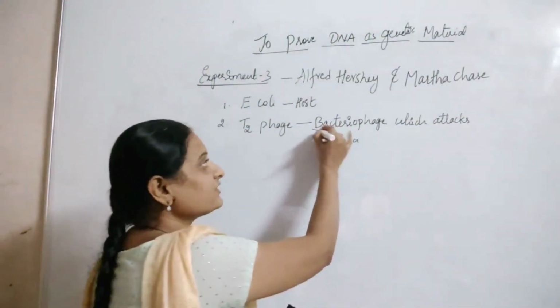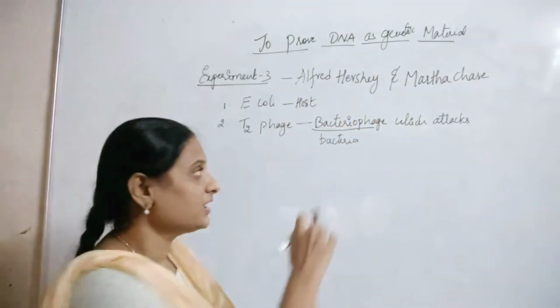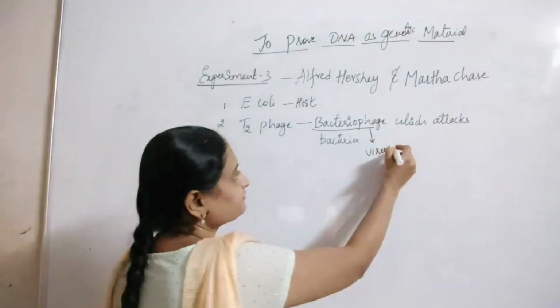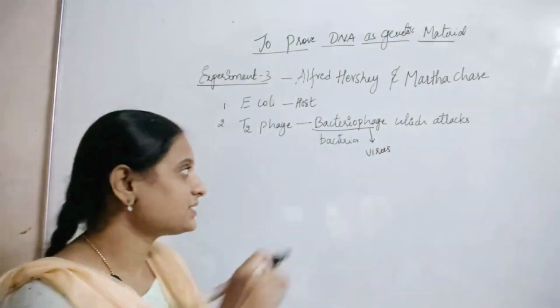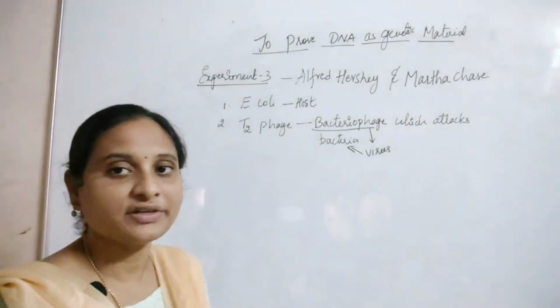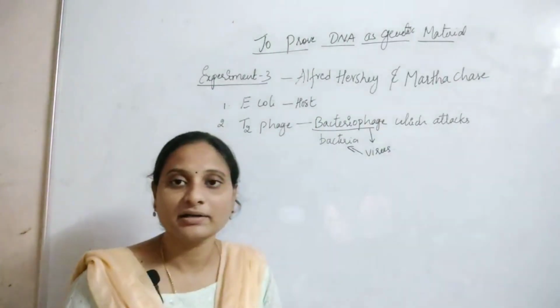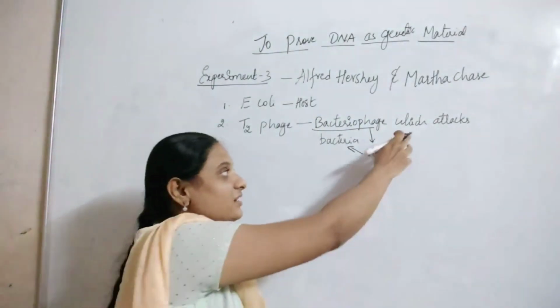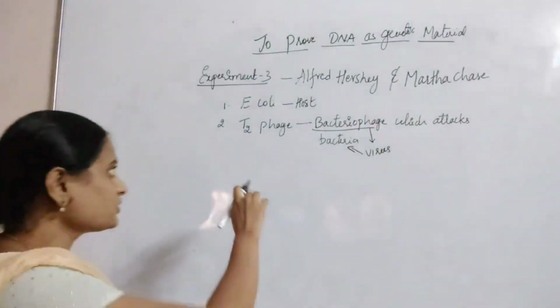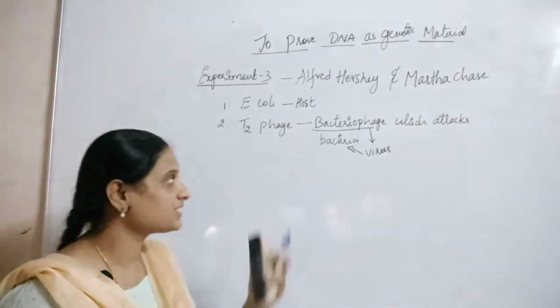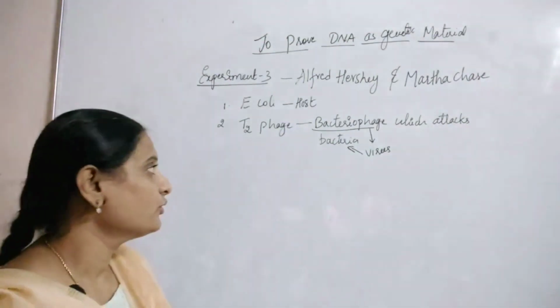The name itself indicates bacteriophage; phage is a virus particle. So it is a particular type of virus which especially attacks bacteria. So here they use two organisms, E. coli for host cell and the second one T2 phage.